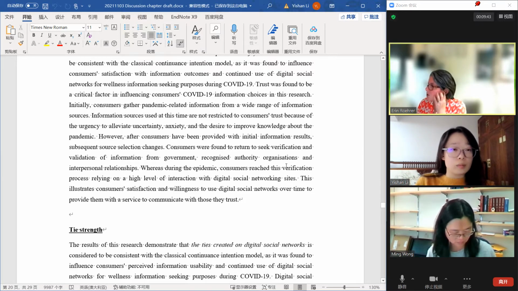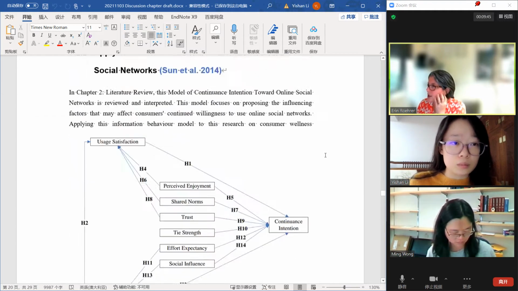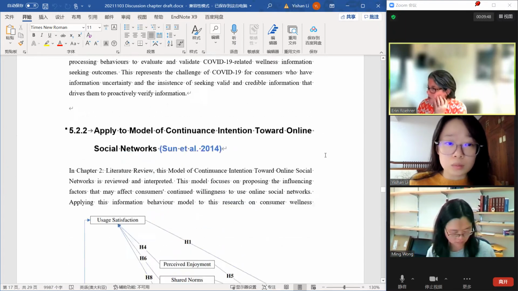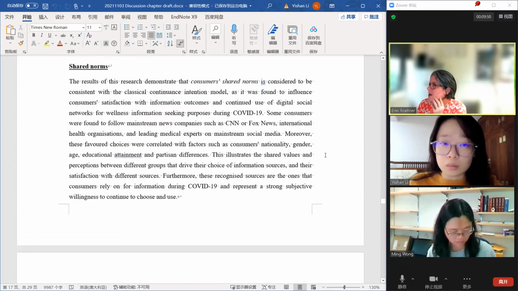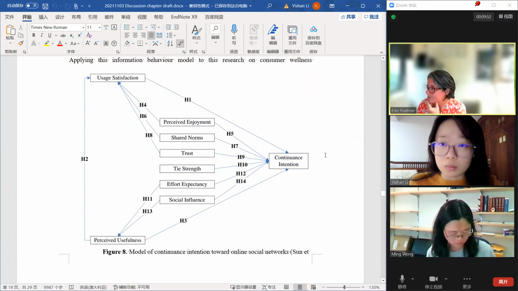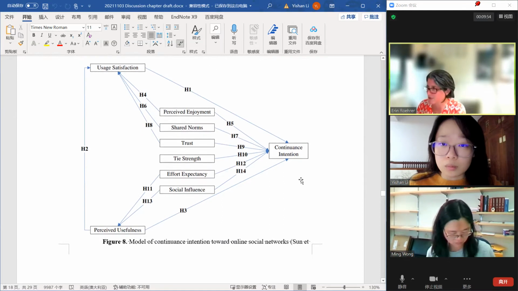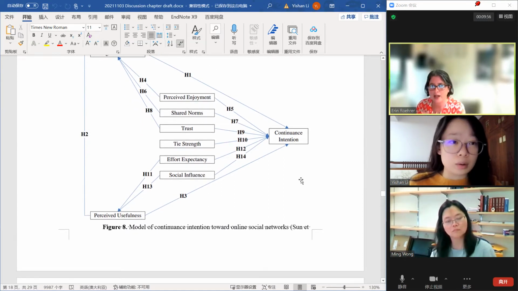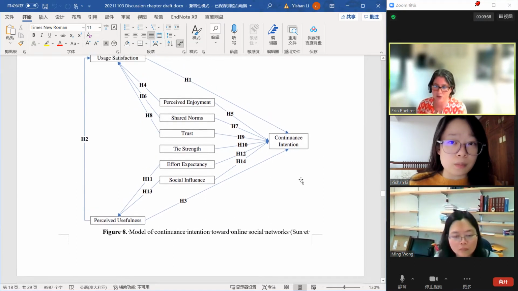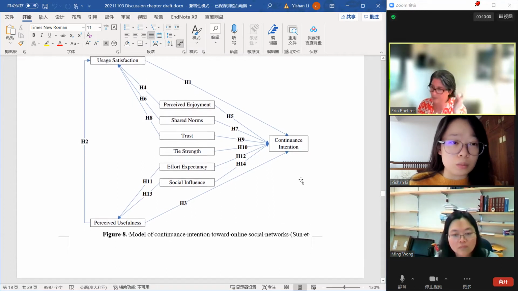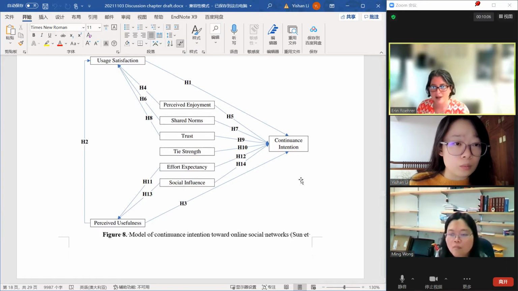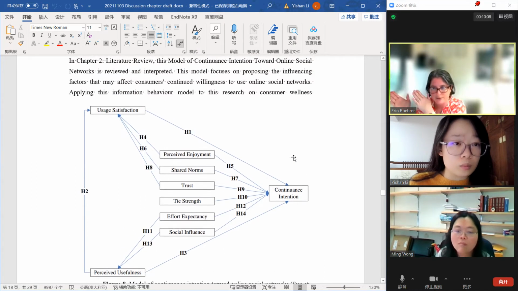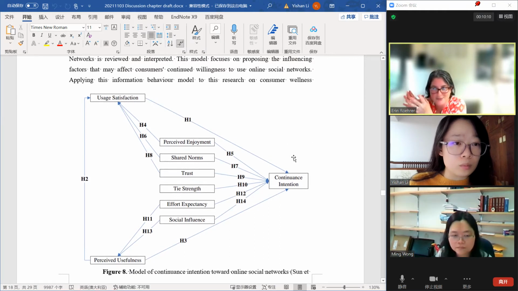I also wonder, under section 5.2.2, you talk about perceived enjoyment. There's no references, it needs references. You had a finding, and I can't remember if it was finding 1 or finding 2, but it was the one about the fear of missing out, but at the same time, even though they don't want to miss out, they don't want to be involved because they're trying to protect themselves from anxiety.